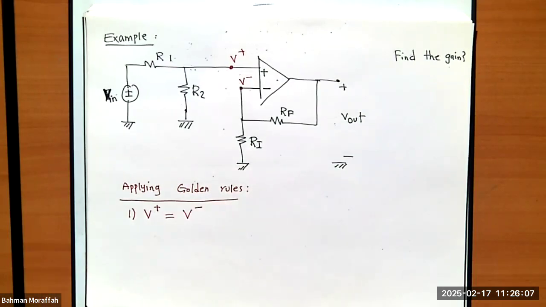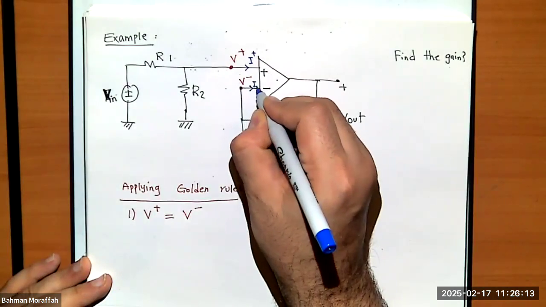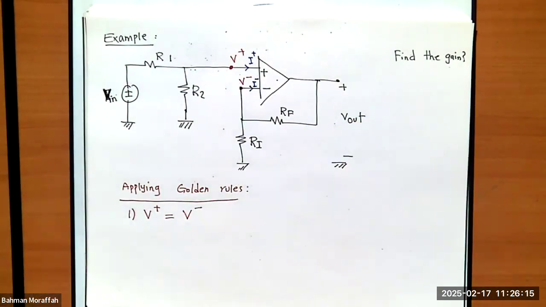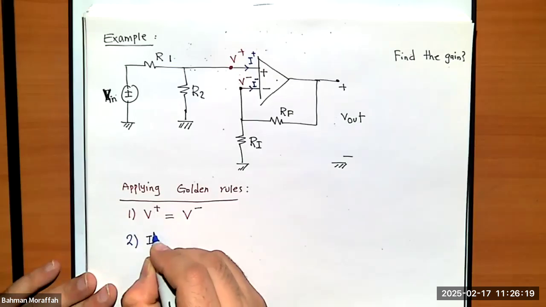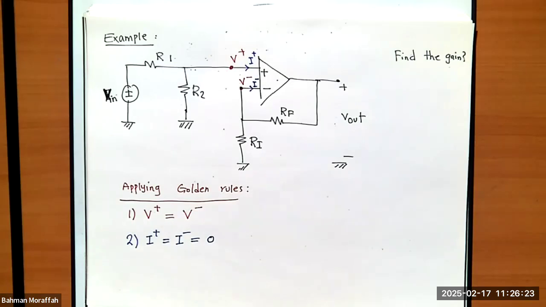The second rule tells me if I call this I positive, this guy I negative, I know I plus must be the same as I negative, and that must be 0. I know that, right?